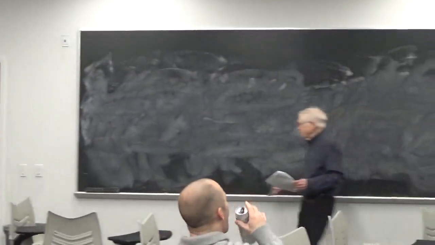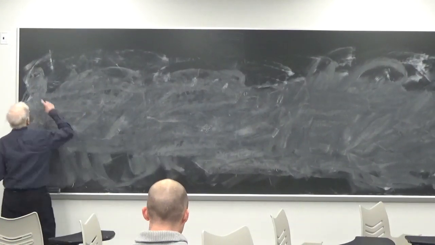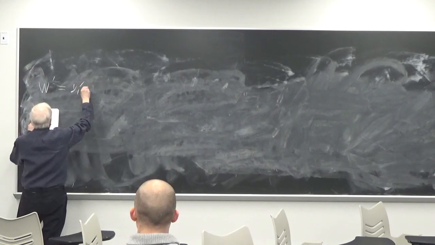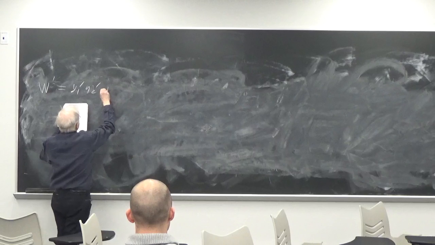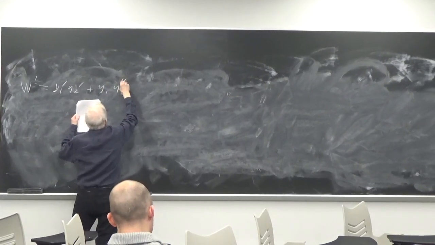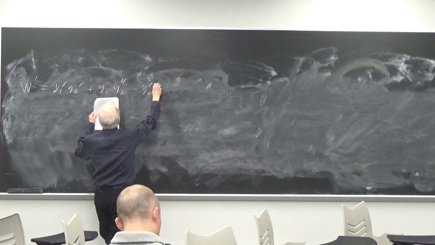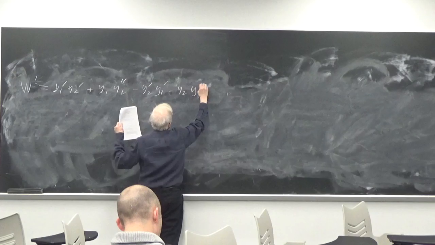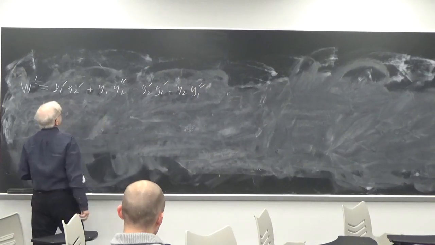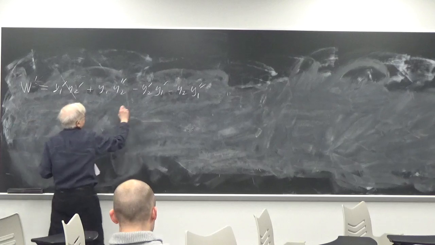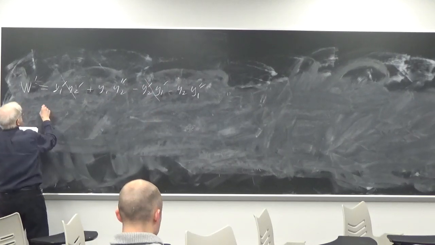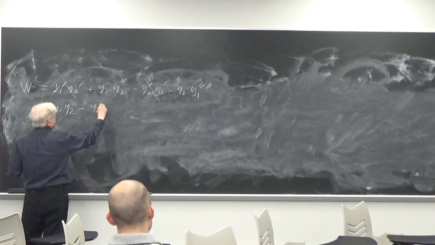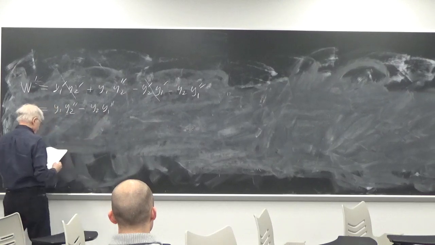So if you take the derivative of the Wronskian, then what you get is W prime is equal to Y1 prime, Y2 prime, plus Y1, Y2 double prime, minus Y2 prime, Y1 prime, minus Y2, Y1 double prime. Now you can see there are two terms that cancel, this one and that one, and so this is just equal to Y1, Y2 double prime minus Y2, Y1 double prime.